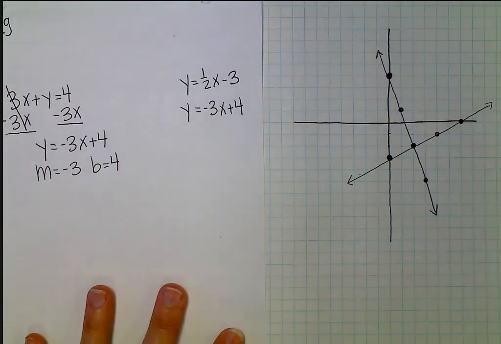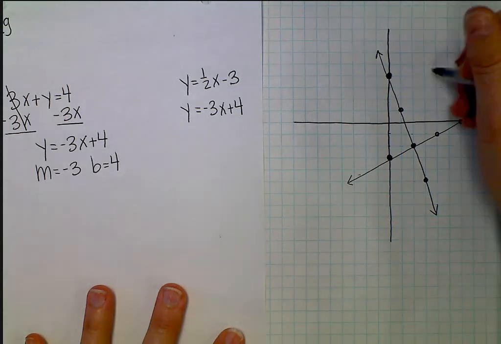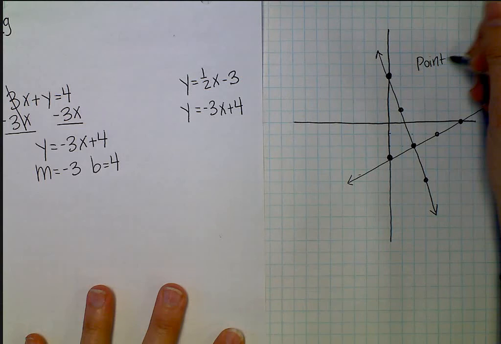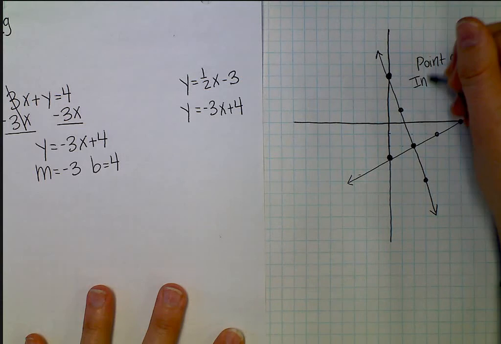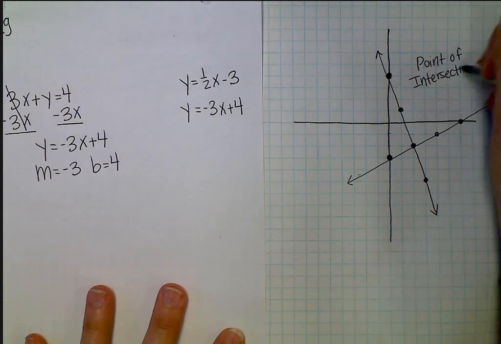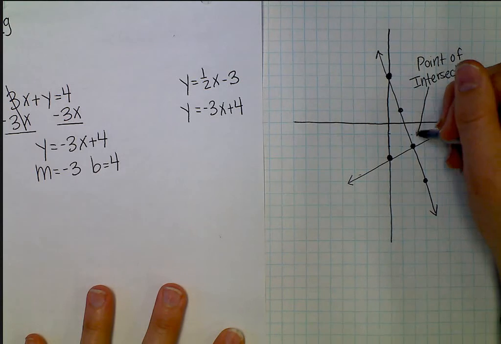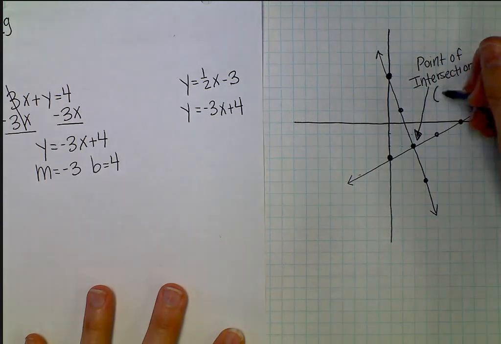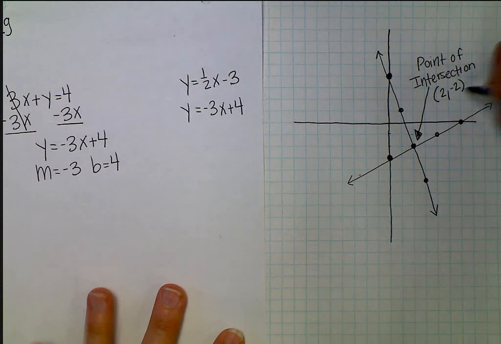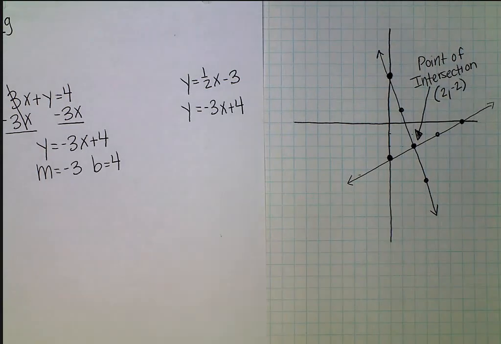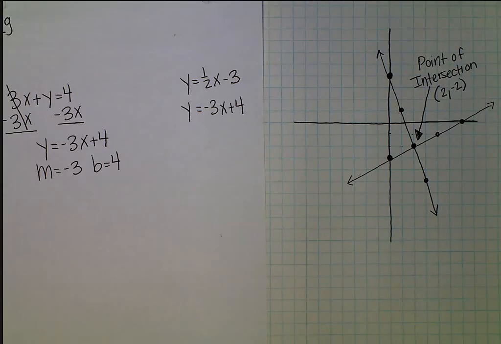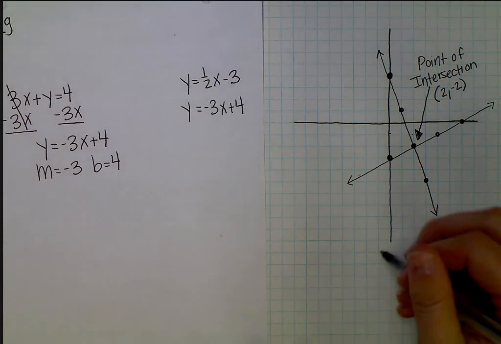Once you do this, you can find your point of intersection. This is the point (2, -2). The solution to your system of equations is (2, -2).